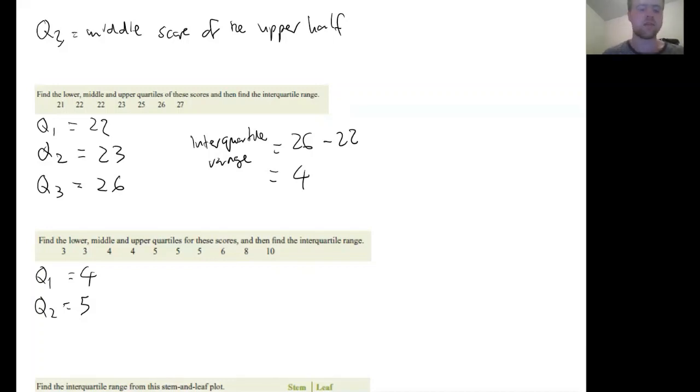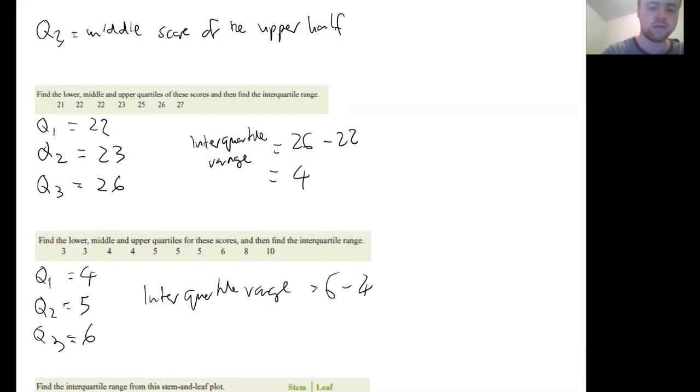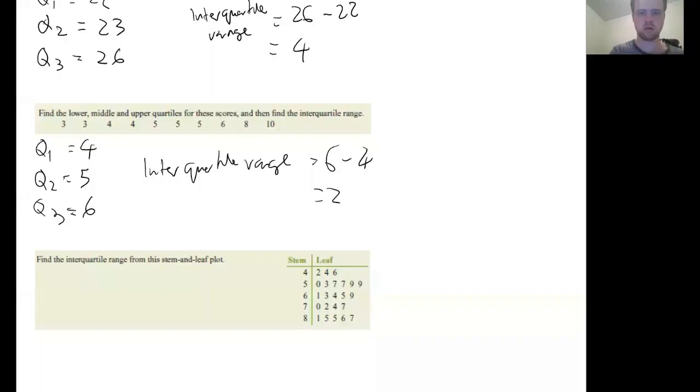For our upper quartile, we're going to use 5, 5, 6, 8, and 10, and the middle score is going to be 6. So then the interquartile range is going to be 6 minus 4, which is just going to be 2.